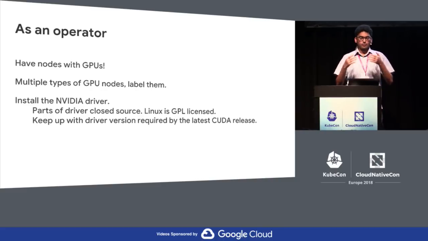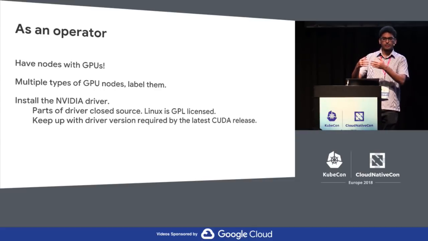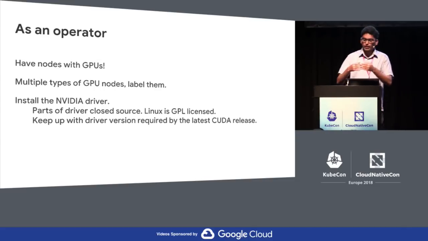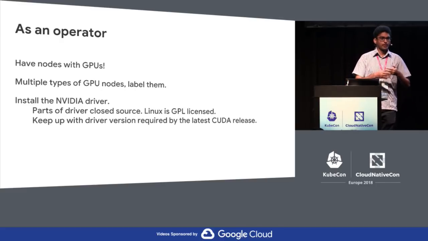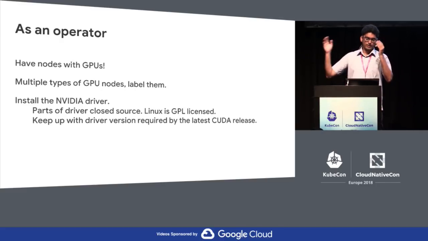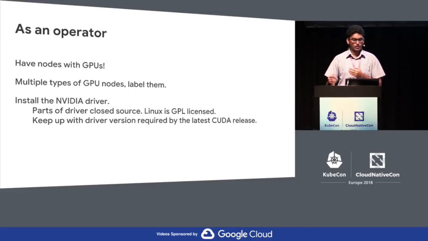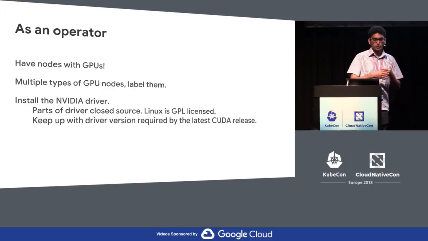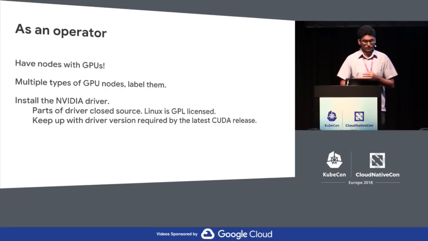Eventually your users will start using newer CUDA versions, and if you have not updated the drivers on your nodes, those containers will stop running because CUDA 9.2 requires, I don't know, 395 dot something driver, which your nodes don't have. In GKE, we use a daemon set to install the drivers. You can look at that and fork that and do your own thing.